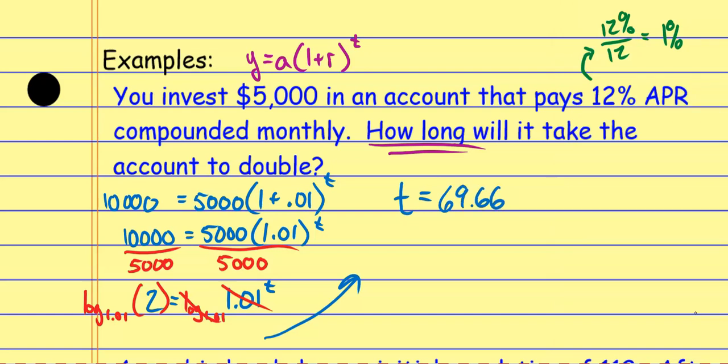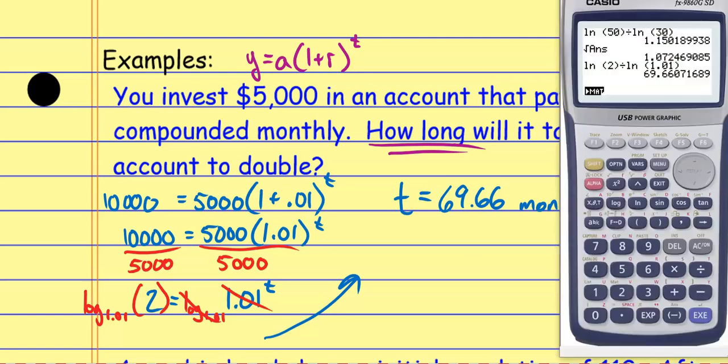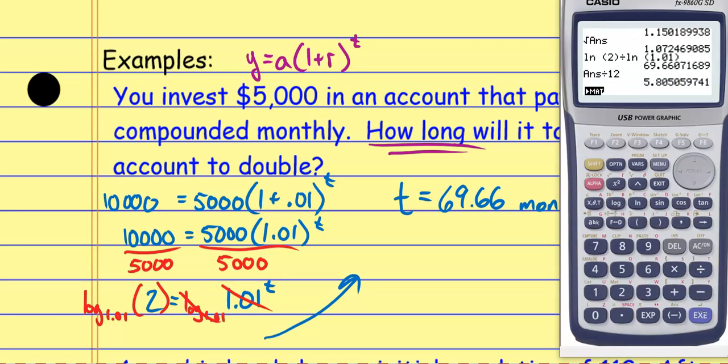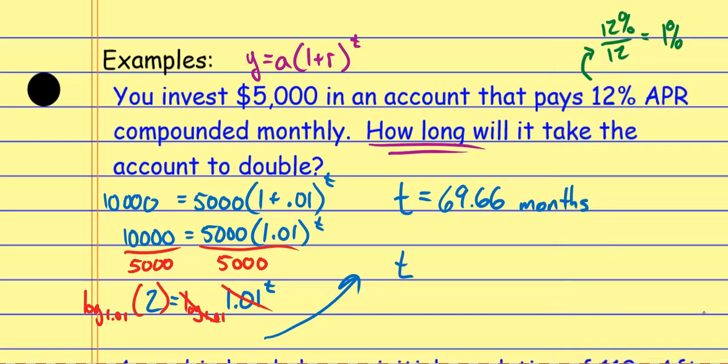When we think about this, we had to make the units match. We had to convert everything to months. That's months. That might not be the best unit for this particular type of problem. We typically want to know these things in years. That's a lot of months, and that doesn't really compute for us. So let's divide that by 12. Let's convert that. 5.8 years, that makes a little bit more sense.